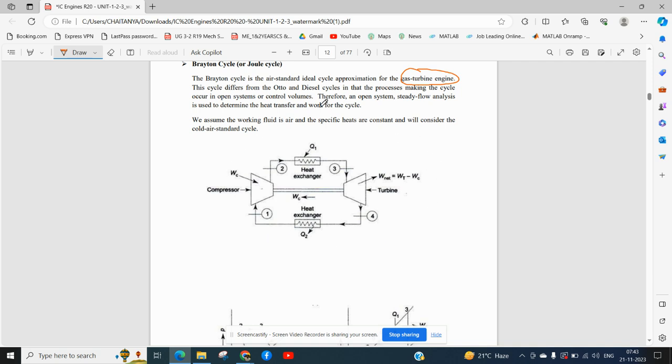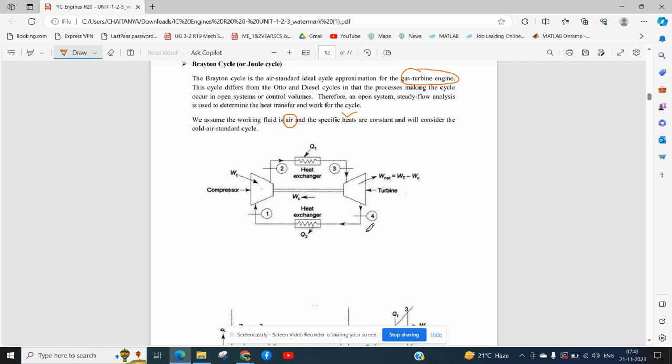Here also we need to operate these four processes, considered as a whole system. The working fluid is taken as air, where the specific heats are taken as constant values.